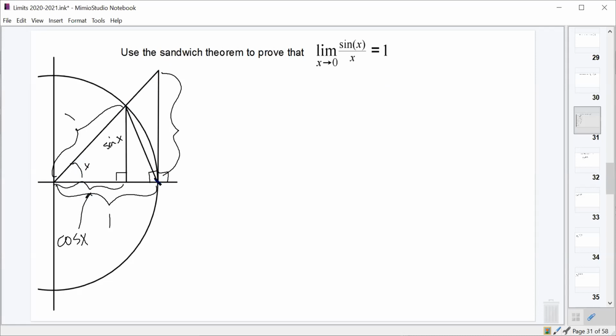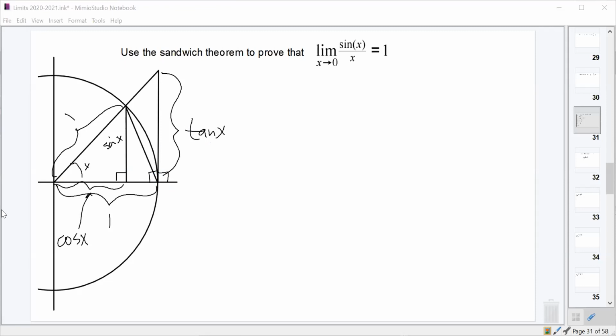Tangent, right? So this is tangent over 1, because this length here is 1. So this piece out here should be tangent of x. Everybody feel okay about that? All right, cool. From there, we should be able to figure out everything I want you to figure out.